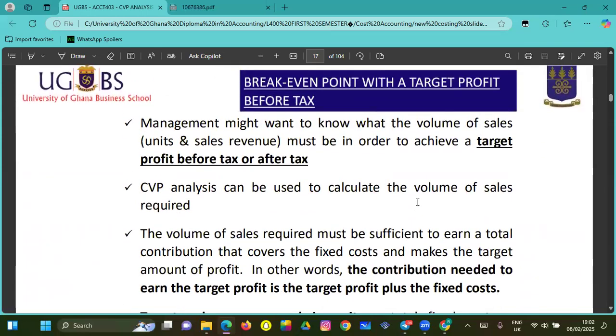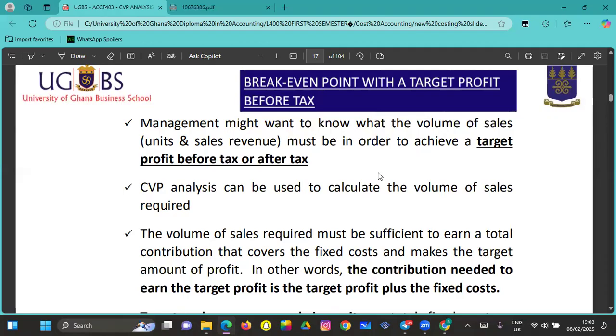So, break-even point with a target profit before tax. I'll try to combine it with after tax here. Management might want to know what the volume of sales units must be in order to achieve a target. So let's say management is planning to make a profit of 50,000.